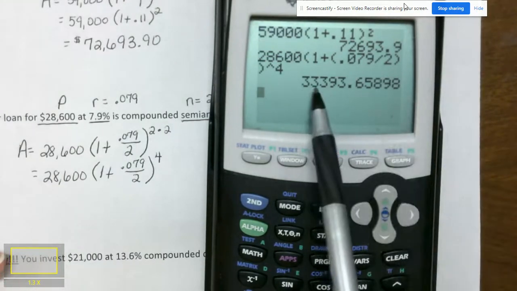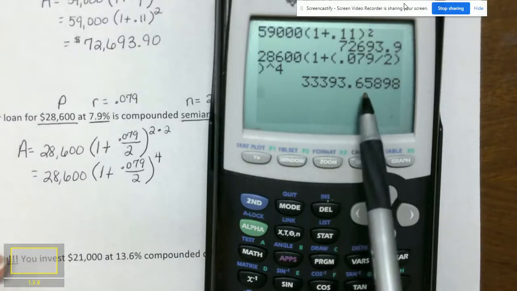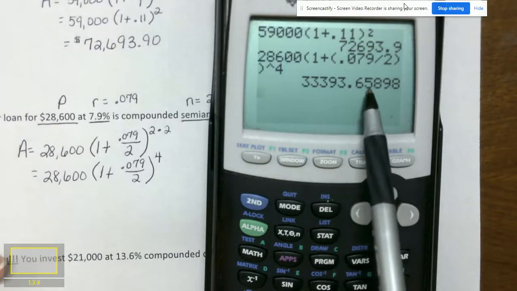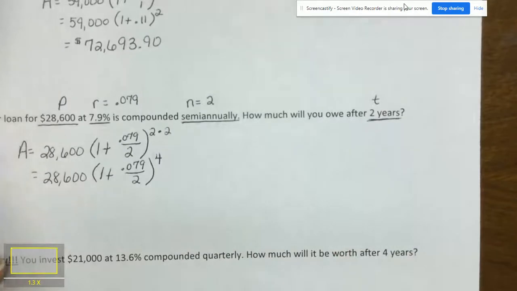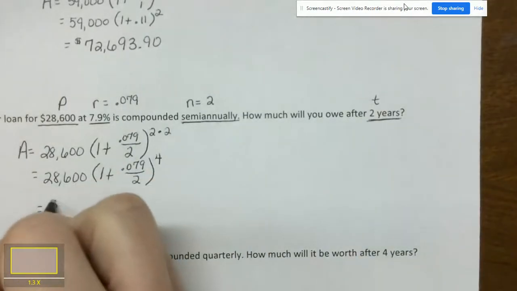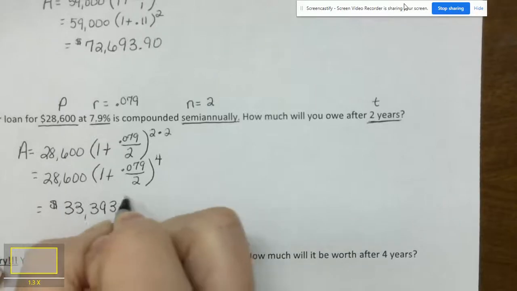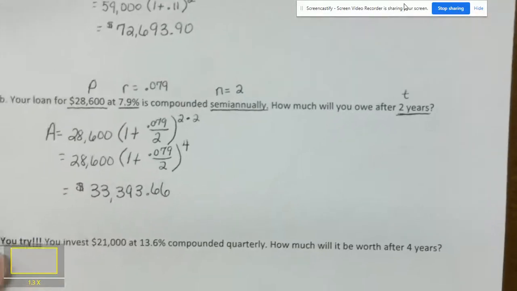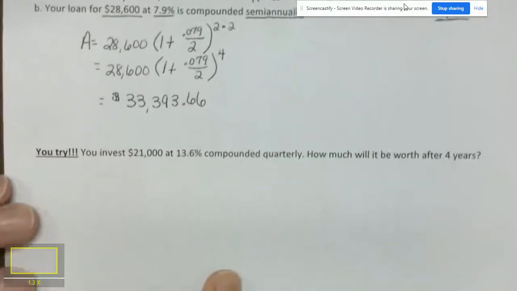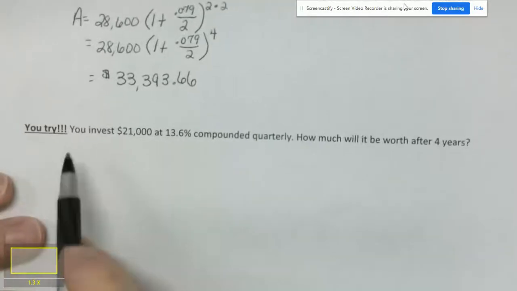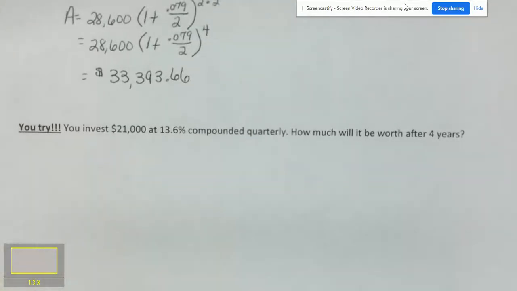So this is going to be $33,393.66 since that's an 8. All right. So we get $33,393.66. All right. I would like for you to pause the video and try this one and then come back and I will work it and you can check your answer.